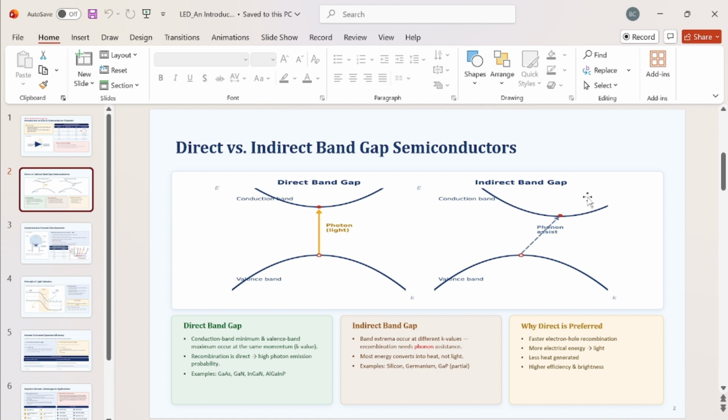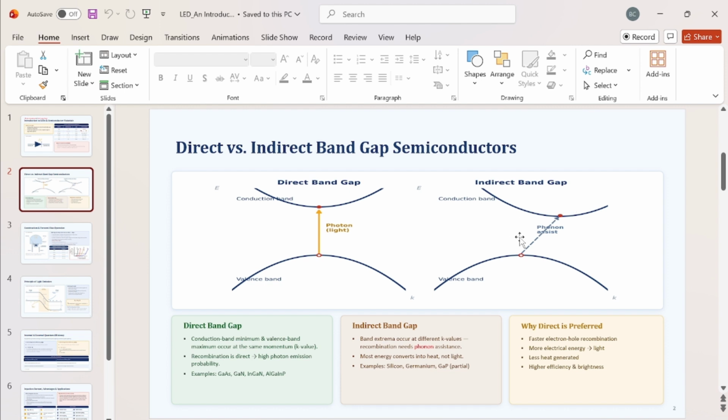Whereas in the case of indirect band gap semiconductors, the two extrema are displaced relative to each other. So if an electron from the conduction band wants to jump into a valence band hole, it first has to change its momentum through some collisions, during which the loss of energy is emitted as heat.